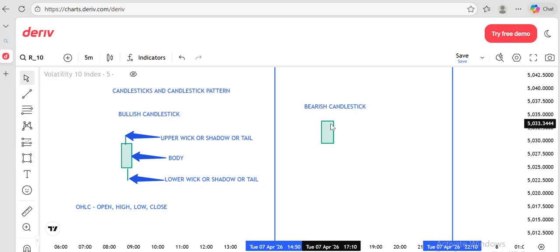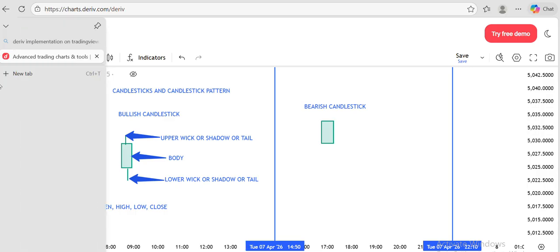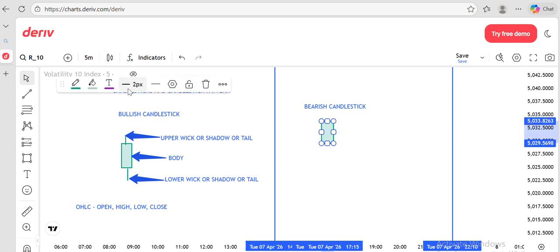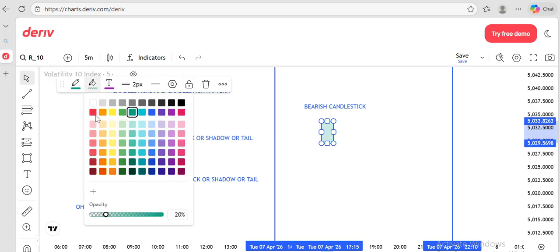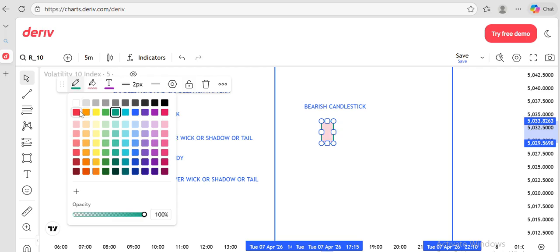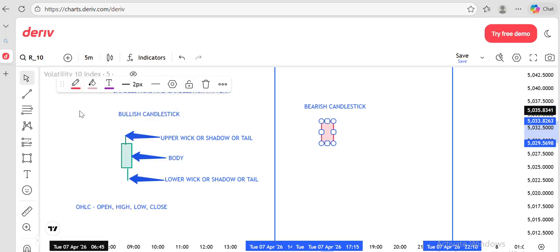Now, for most people, the bearish candle is depicted in red colors. Most people on the chart depict the bearish candle as red colored. But like I said, it's not about the color. Some people use black, some people use funny colors.